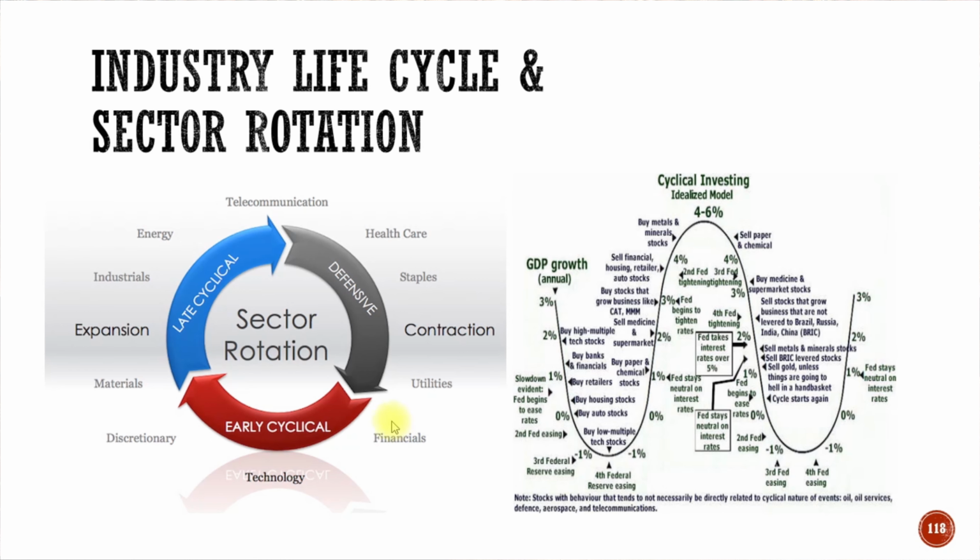We'll cover that in future videos. Once we go through the economic cycle and bottom out, technology, discretionary spending, and materials will be very important to allocate your funds in if you're an investor. As we have an expansion, typically industrials and energy will do really well, including telecommunications.